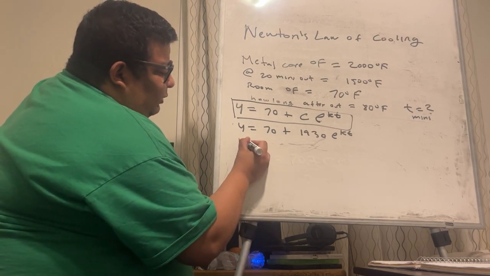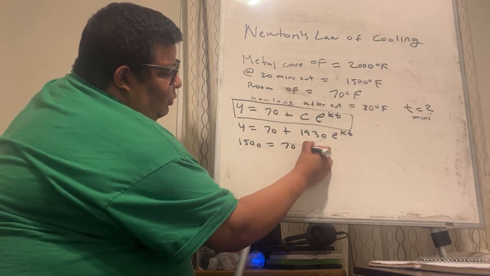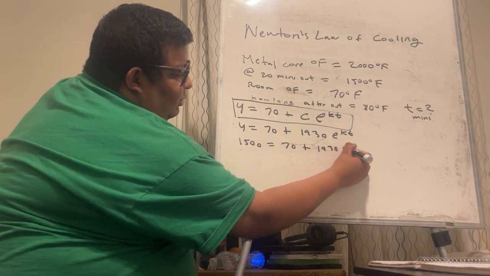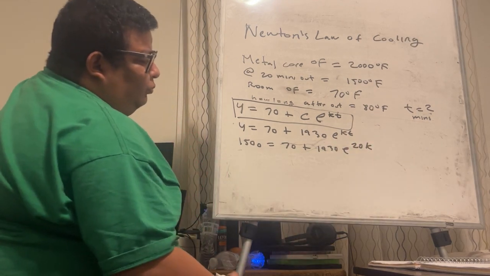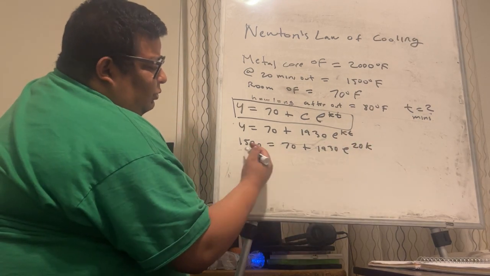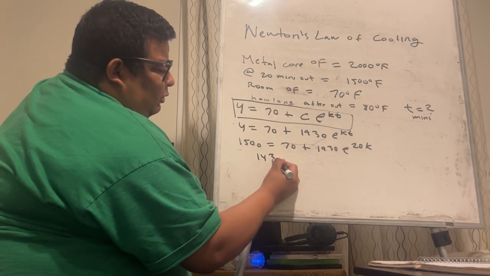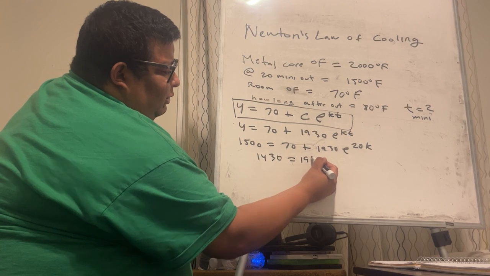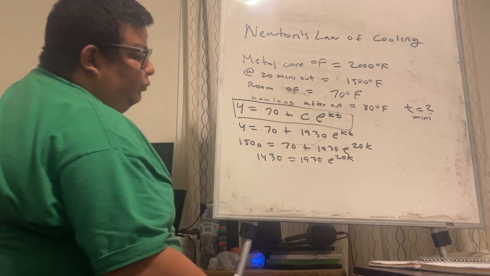So 1500 is equal to 70 plus 1930 e to the 20k. 1500 minus 70 is 1430, equal to 1930 e to the 20k.